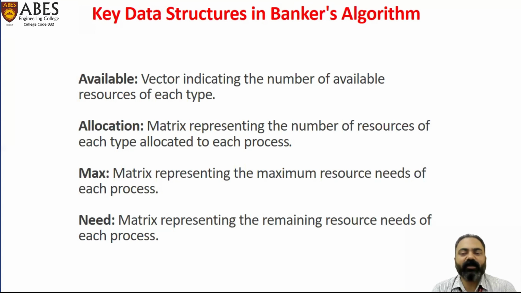Max matrix represents the maximum demand of any process. Need matrix represents the remaining resource need of each process after some allocation. Suppose process A wants 10 resources of type A and we allocated 2, then the remaining is 8. So 8 is the need of the process.